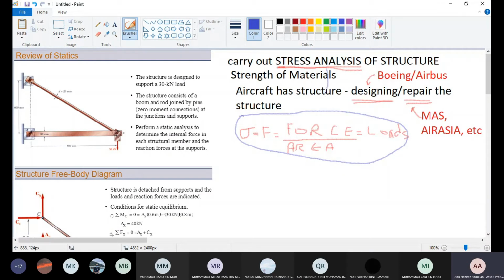And remember, you have to do stress analysis. So everything you do to do the stress analysis will be just dividing force over area. So that is the main activity in doing stress analysis.